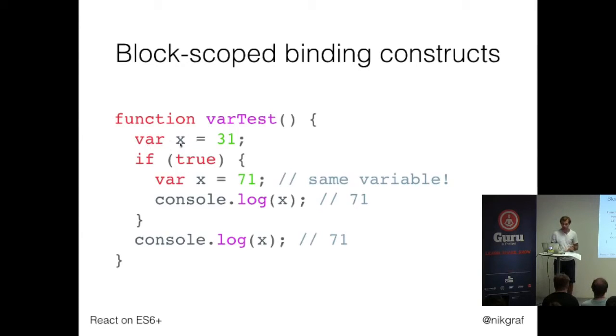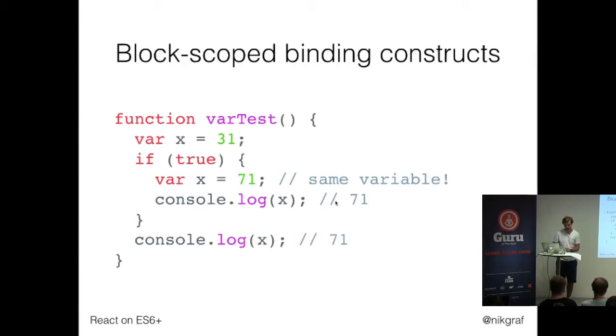So if you have a var and you assign 31 to x here, and then you open up a new block, for example a block inside an if, and you use var x here again and assign it, this is not block scoped, and it will actually change the variable outside as well.